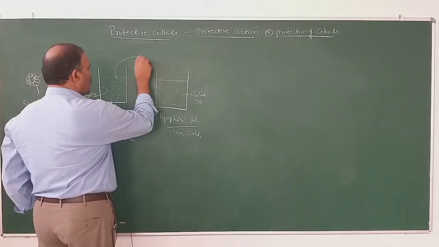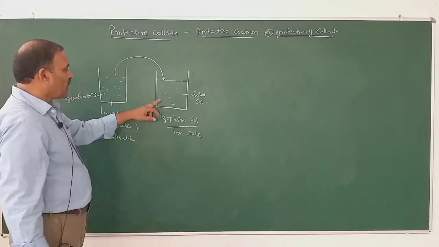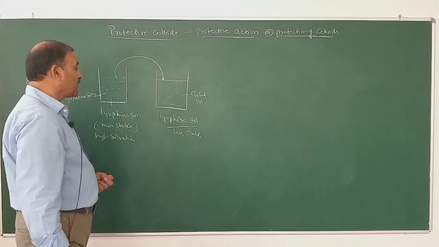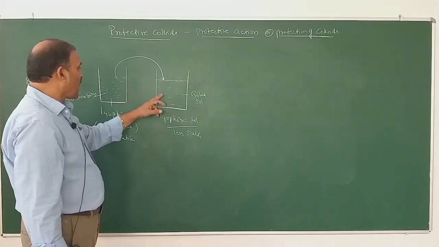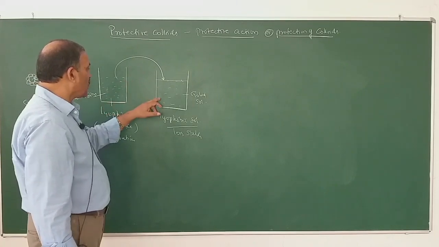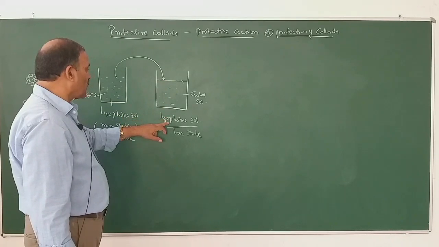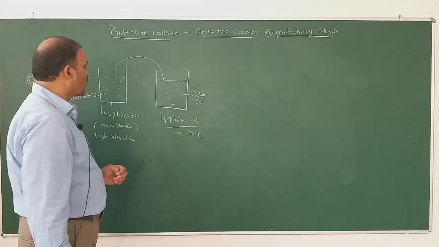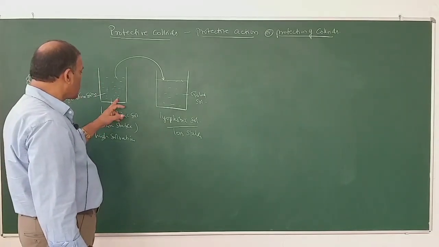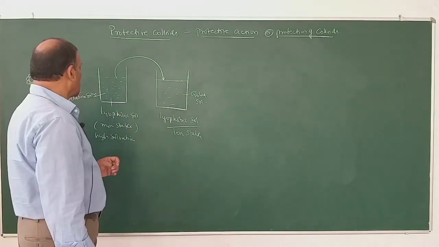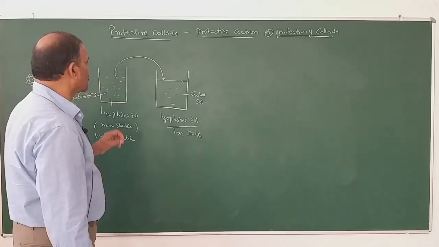Suppose a little lyophilic salt is added into lyophobic salt, the stability of lyophobic salt also increases. This process is known as protective action of the lyophilic salt, or it will protect the lyophobic salt against the action of electrolytes. The salts which are added are called protective colloids.